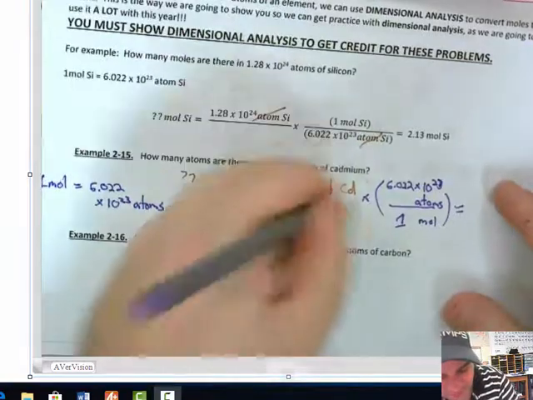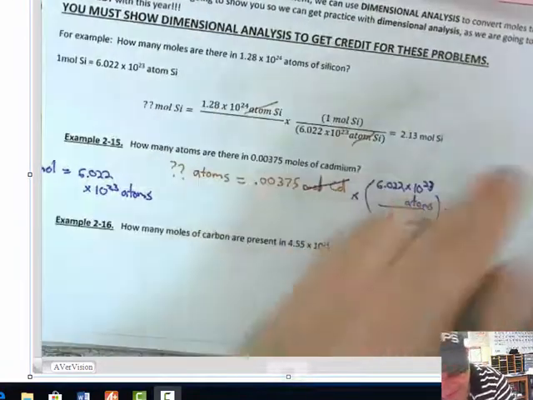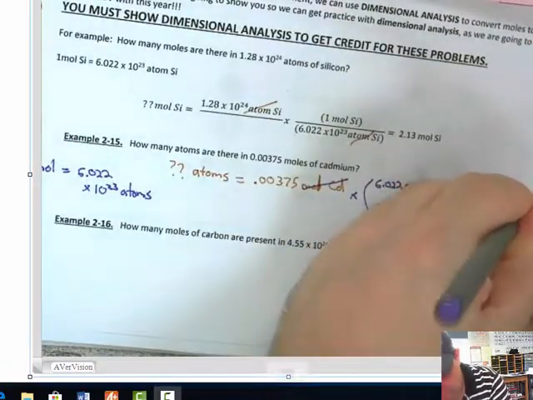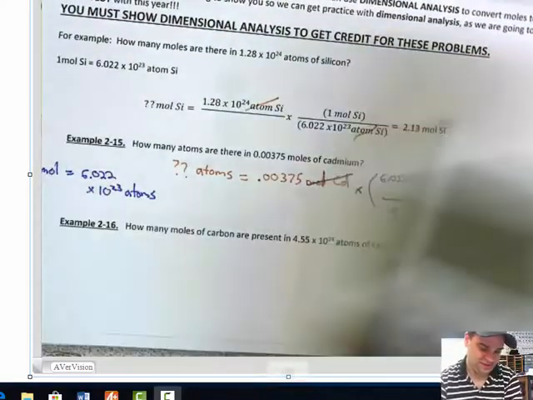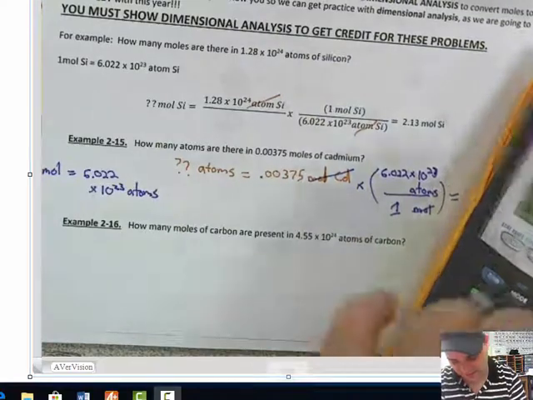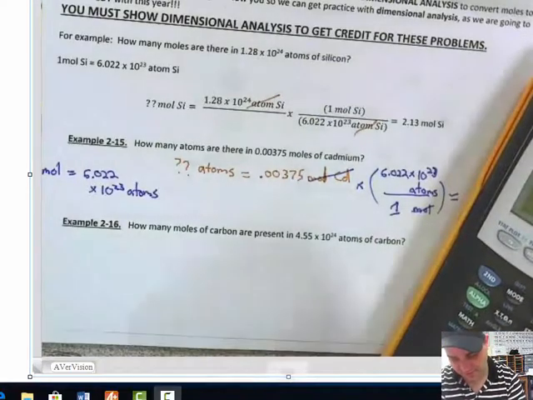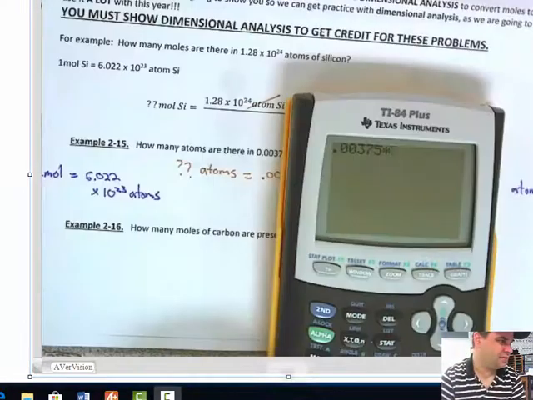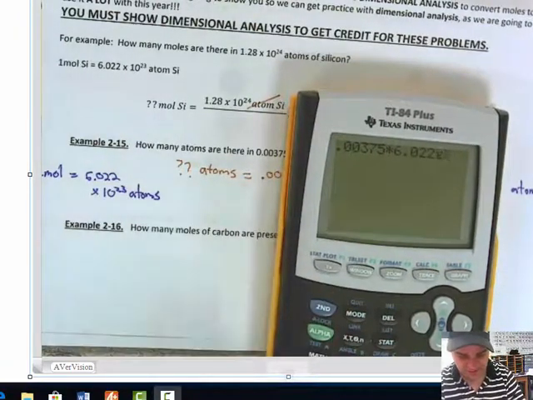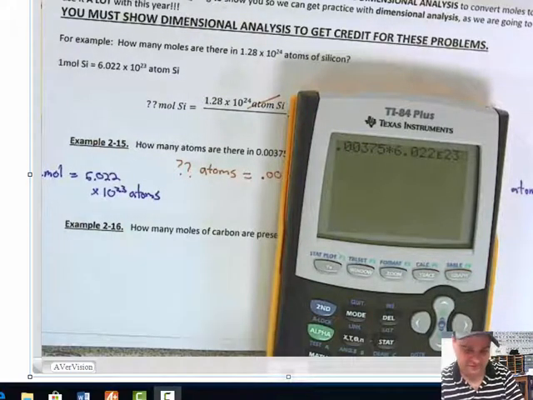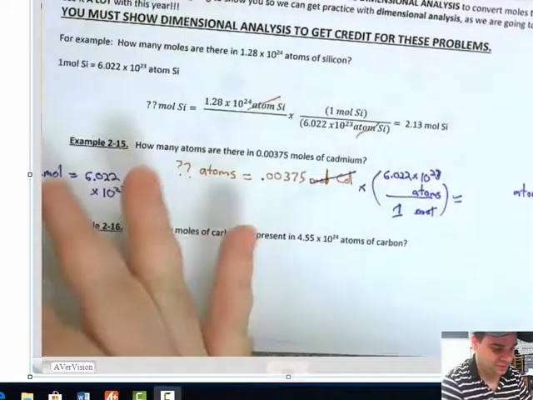And don't forget to go swish, swish, leaving me with atoms. Another thing, it's the E key. You gotta watch out for the E key on this one too, because you gotta do 0.00375 times 6.022 E 23. Don't forget about the E key. We didn't, Mr. Harridan. Okay, good. And then I got 2.258.